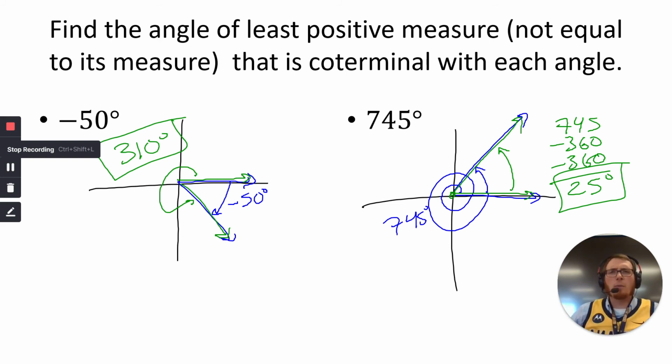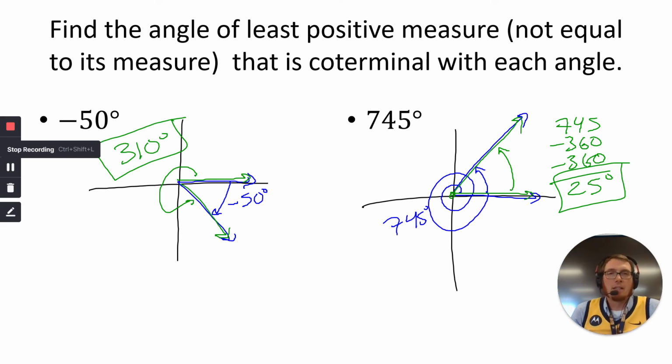The sooner you can figure out what quadrant you're in, the better. Don't worry about the measurement being perfect, but figure out the quadrant. If you want a positive angle that's the same, just go the other direction. A full circle is 360, so 360 minus 50 is 310, and that's where the answer comes from.